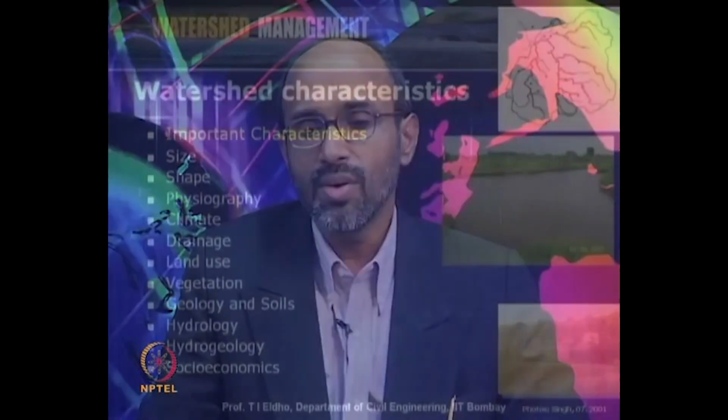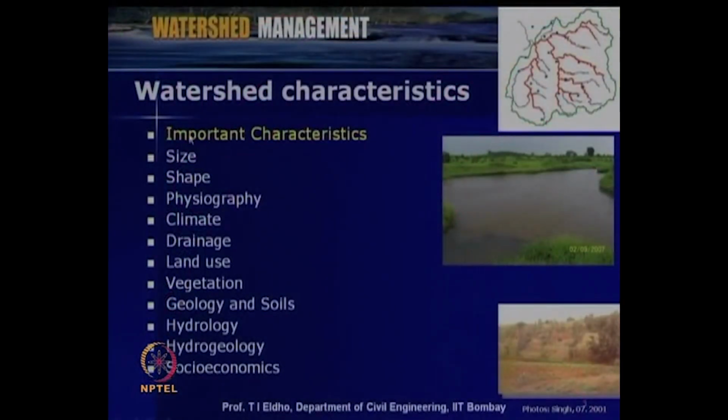This includes the size of the watershed. We had a brief discussion about the size in the introductory lecture itself. Then shape of the watershed, what kind of shape it is, whether it is an elongated shape or a broad type shape. Then physiography of the watershed, that is, the various physiographic features within the watershed.